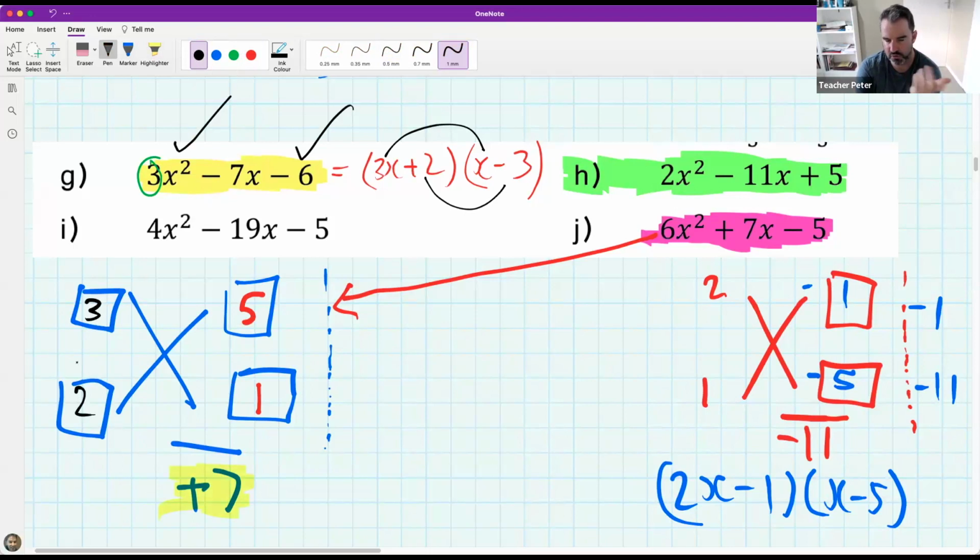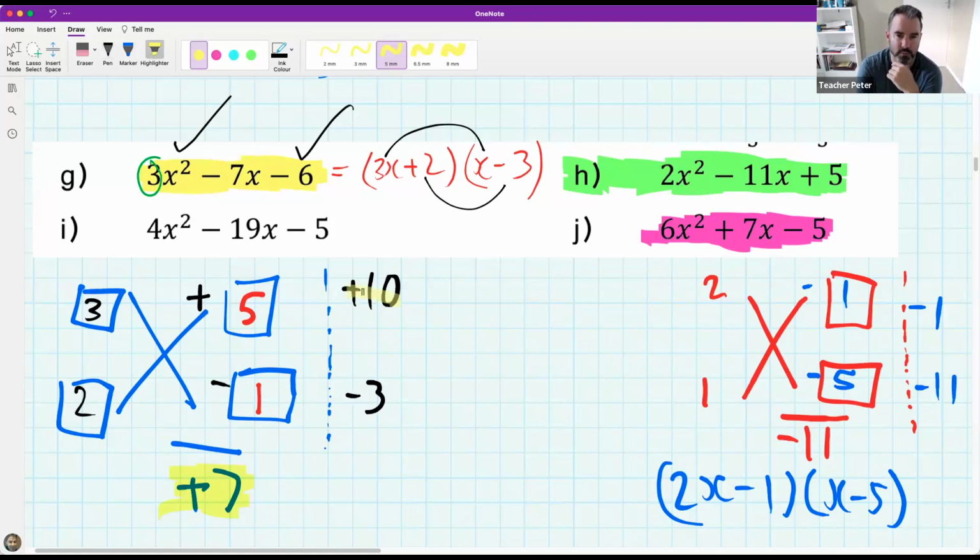So I think 2 and 3 or 3 and 2 would work well. But let's just make sure this has to be positive. So that has to be positive to give me plus 10. And this would have to be negative. And so we make sure that this and this do balance. So they do. 5 times minus 1 gives me minus 5.